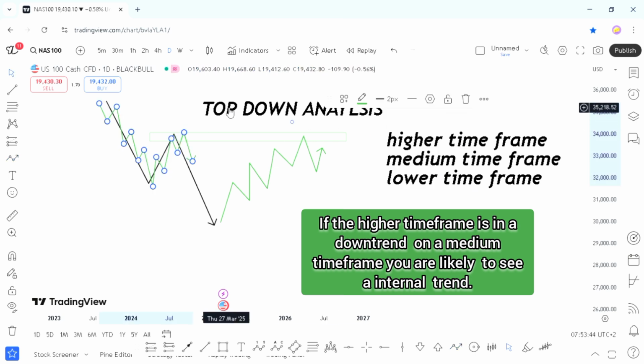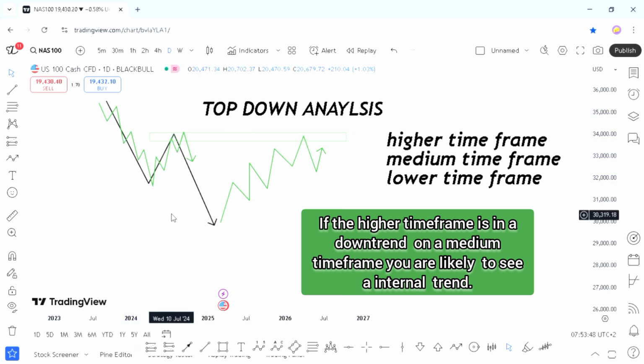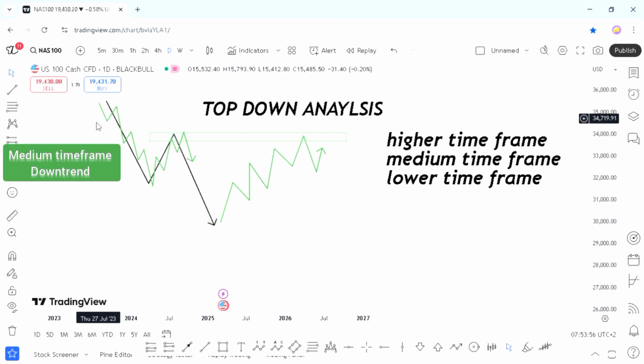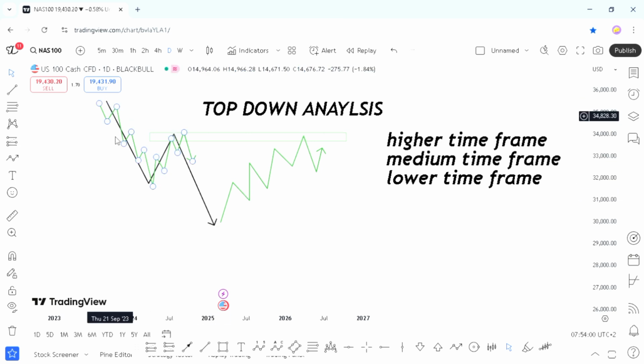If we move to our medium time frame, let's say in this instance you are an intraday trader, all you will see is a trend. It's a trend, but on the daily it is lower lows, lower highs, lower lows, lower highs. You see, so that's it.